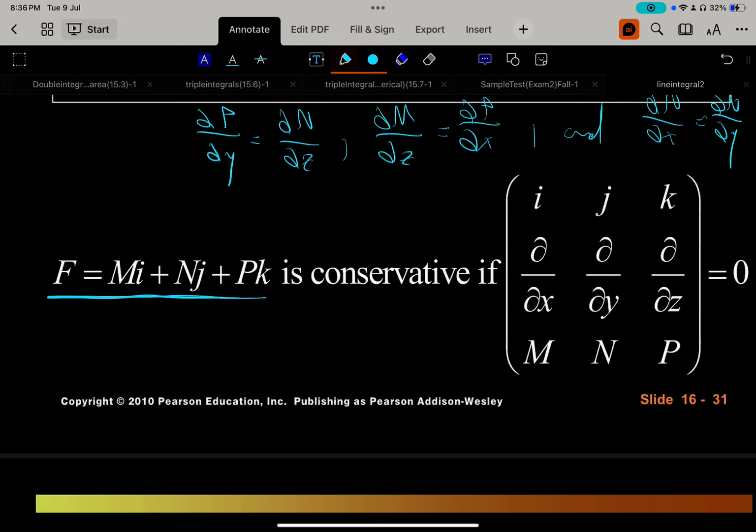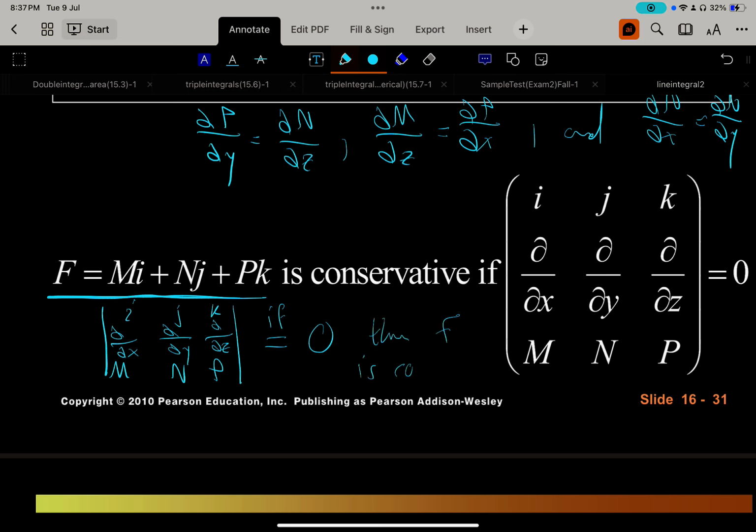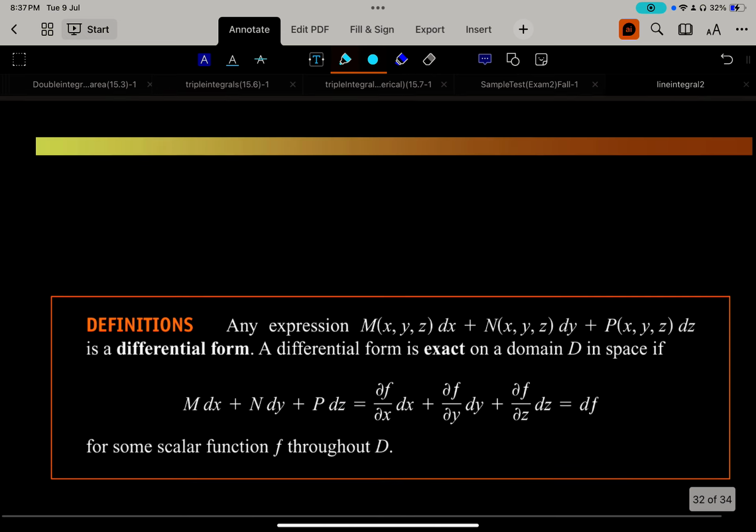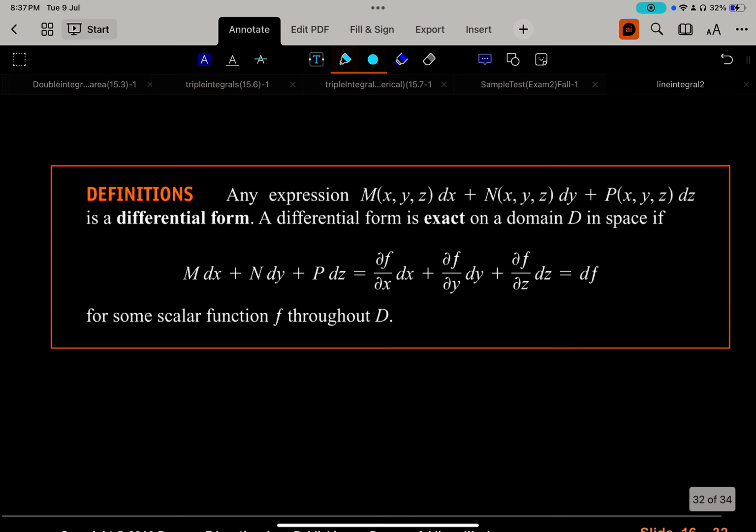So you do i, j, k, then the partial derivative with respect to x, with respect to y, with respect to z, then M, N, and P. If this is equal to 0, then F is conservative. That's how we do it.